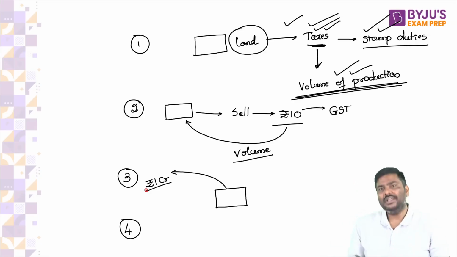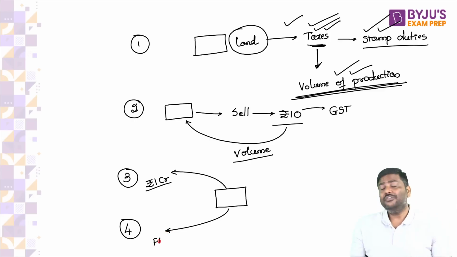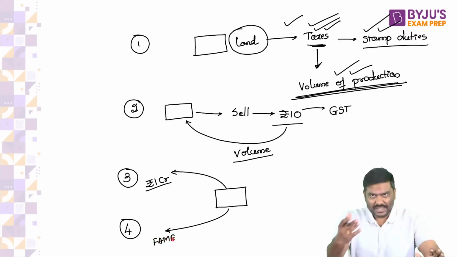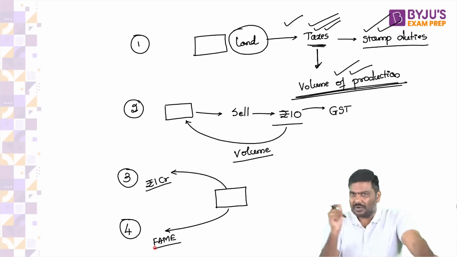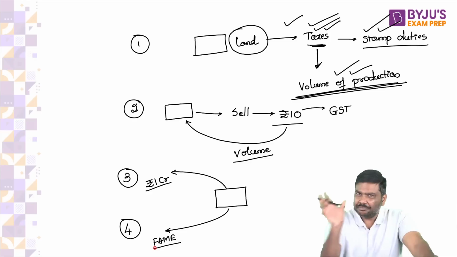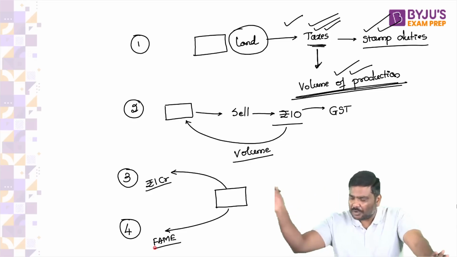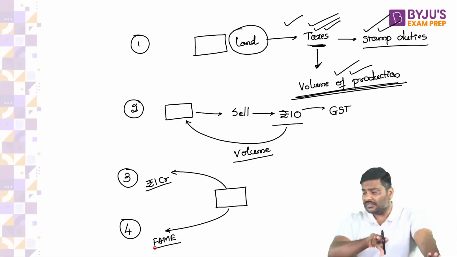Fourth example here. I'll take the example of the FAME initiative. Now, please tell me, in the FAME initiative, the Government of India will provide subsidies per unit, per electric vehicle produced, or not? Think of it. We have discussed all of this, by the way.